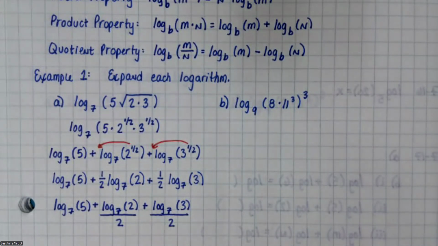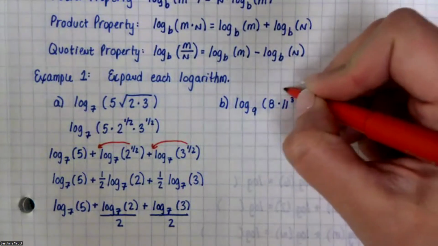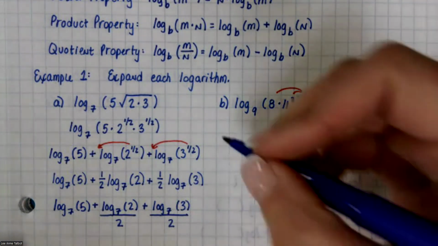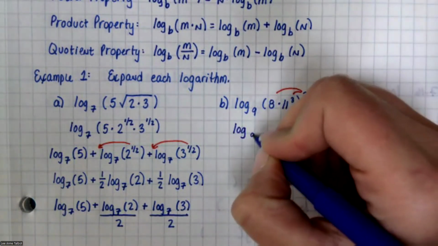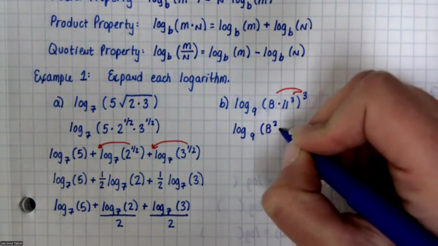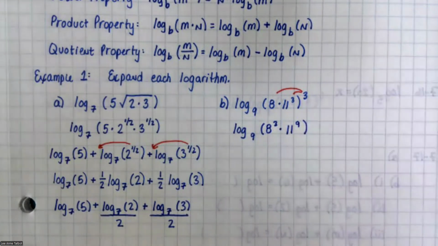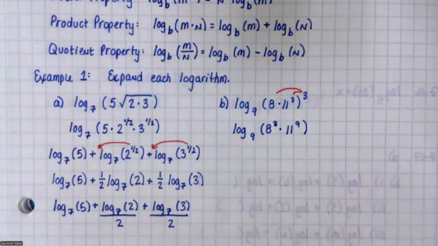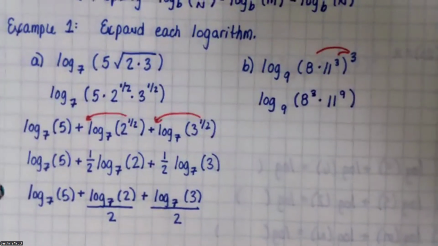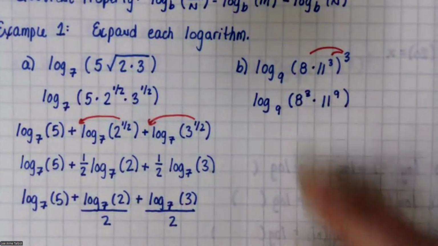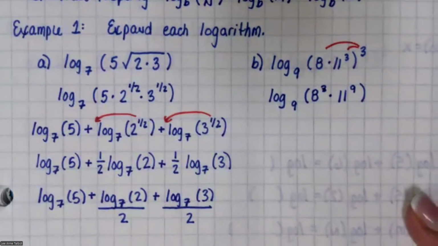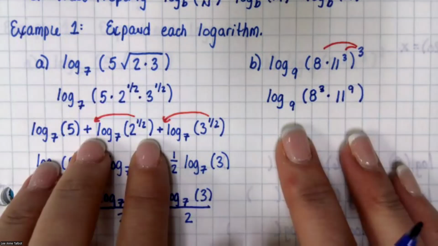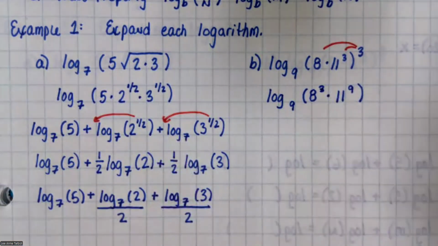The first thing I'm going to do in B is distribute the exponent of the 3 on those. So I have log base 9 of 8 to the 3rd times 11 to the 9th. That's supposed to be a 3. I don't know what happened there. Now I'm going to split it into 2 separate logs right where the times symbol is.